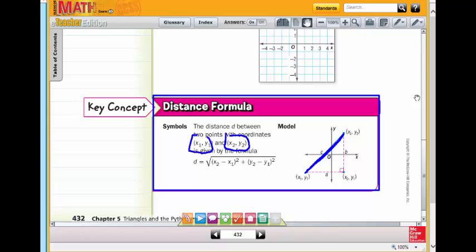You can see that this formula is the distance, or in other words, I was using h for hypotenuse, so if you want to use this, go ahead. d equals the square root of, well, x2 minus x1 is one of the legs, and y2 minus y1 is the other leg. So in other words, it is very much like we were just talking about.